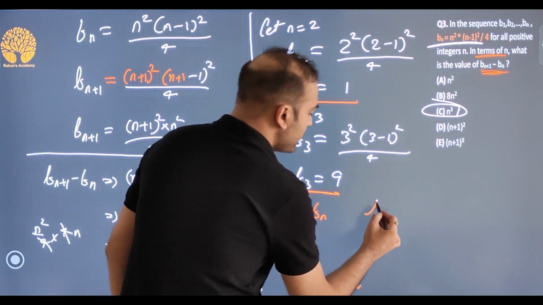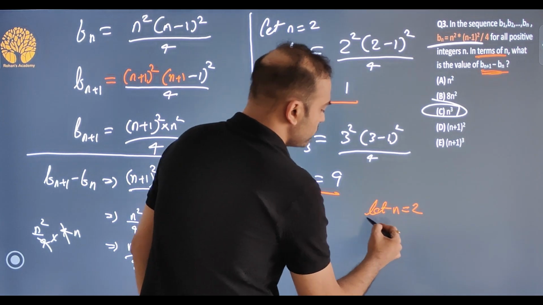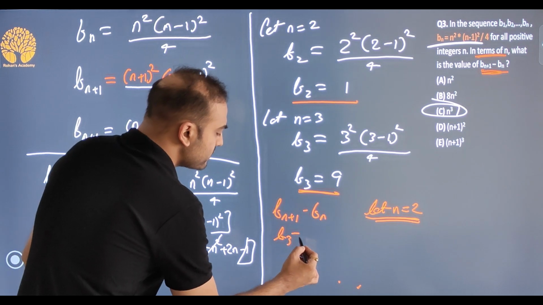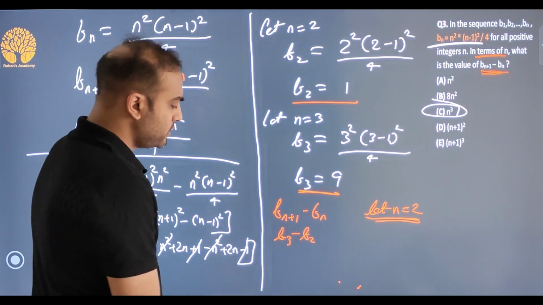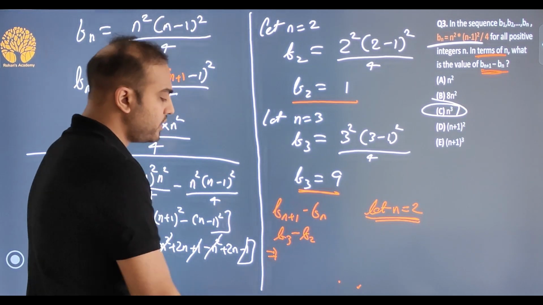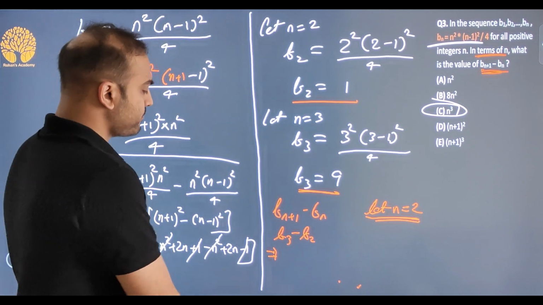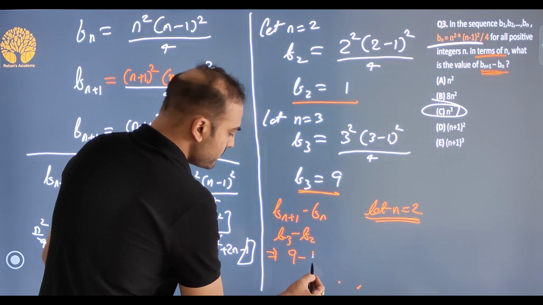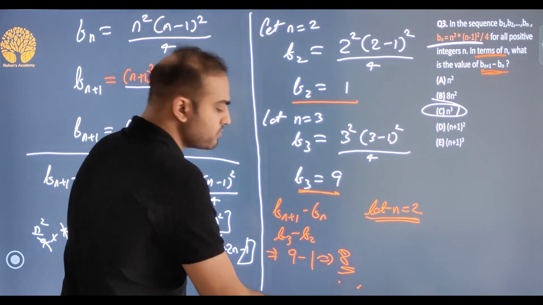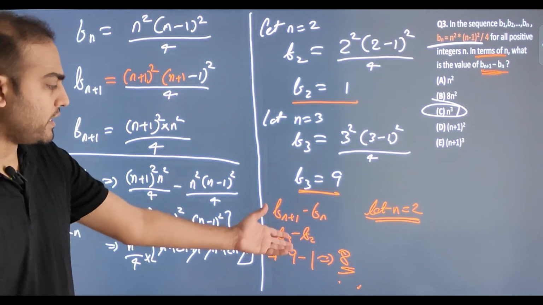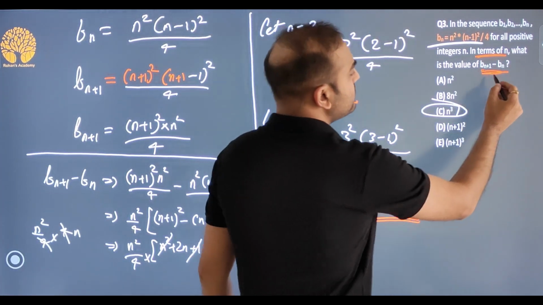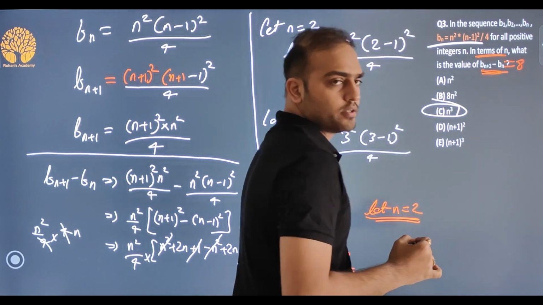Let n be 2. So what is it that I want? b3 minus b2. b3 is 9, b2 is 1, so my answer becomes 8. So if n is 2, the answer for this is 8.